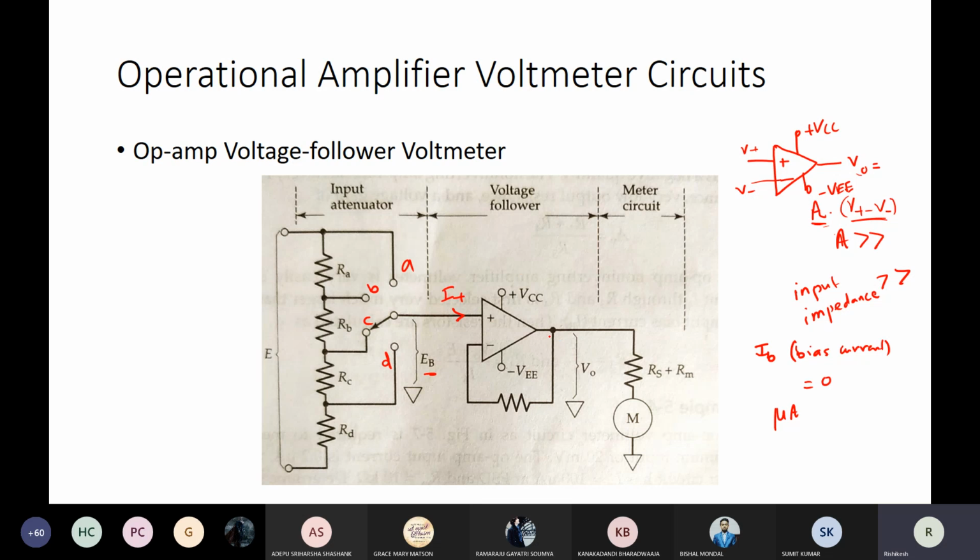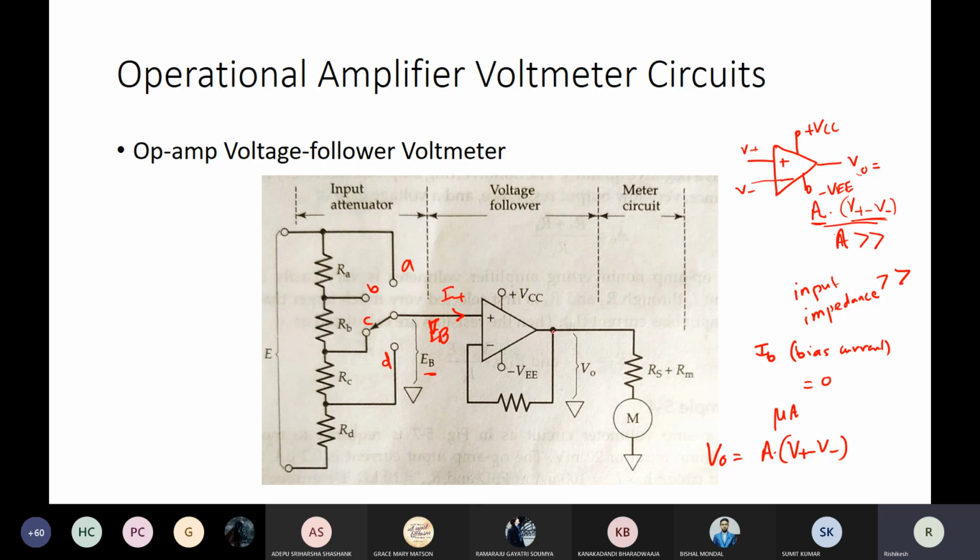The arrangement we are using here for the op-amp is a voltage follower circuit. As the name suggests, the output voltage follows the input voltage. Here the input is applied at the positive terminal, and it is EB. The output voltage is A into V plus minus V minus.